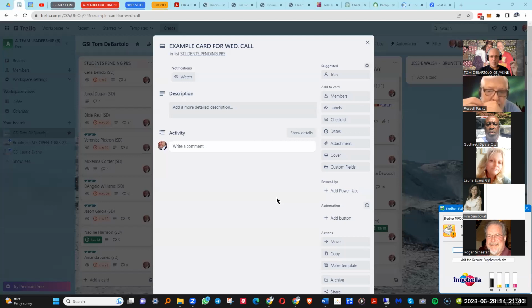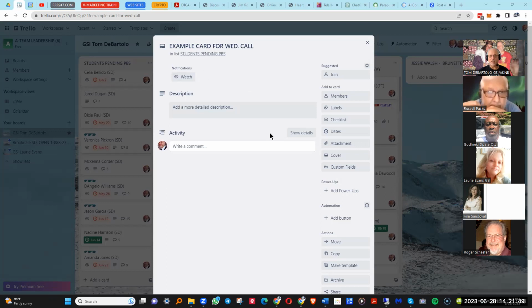Okay. Actually, let me show you something else here while we're talking about it. Let me share the screen again. Okay. In case you don't know about the Trello card, here's an example.